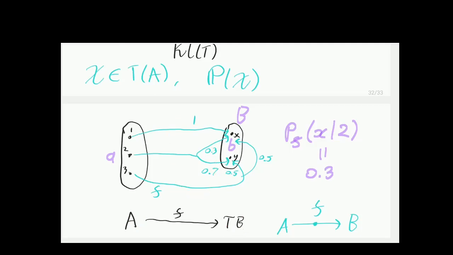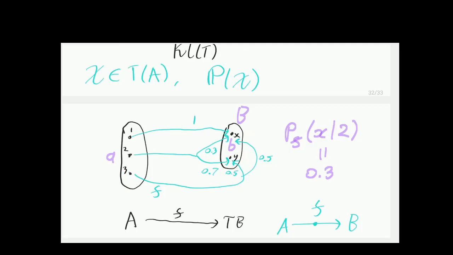If we have an input of 1, we get X with probability 1. If we have an input of 2, we get X with probability 0.3 and Y with probability 0.7. If we have an input of 3, we get X with probability 0.5 and Y with probability 0.5.